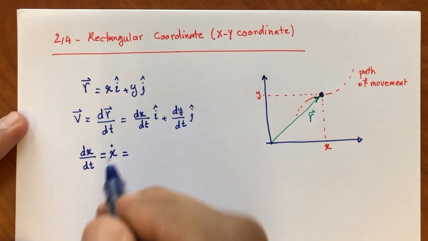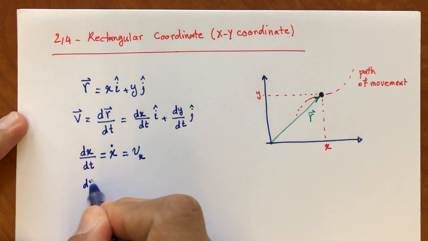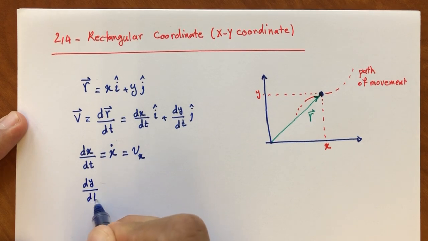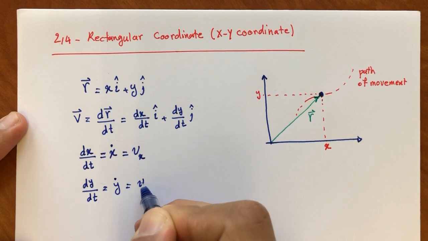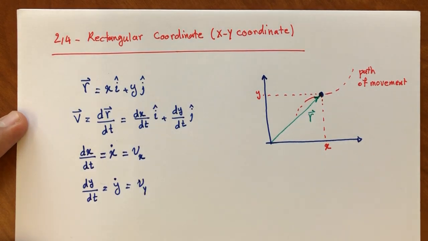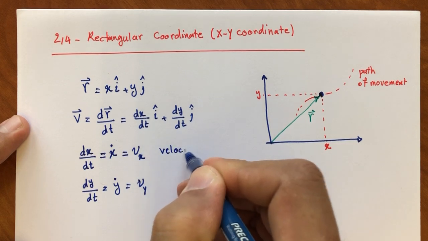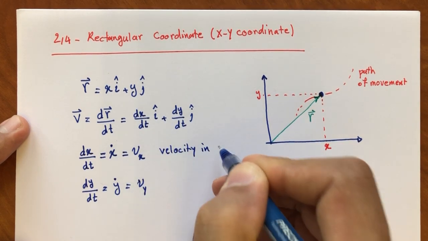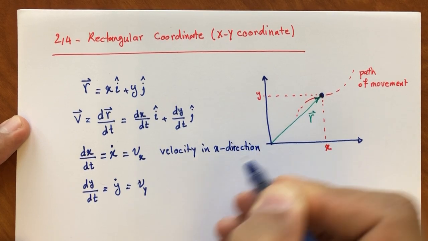And again, this x dot is the velocity in the x direction. And same thing for the y direction. dy dt, we can show it with y dot, or the velocity in the y direction, which I show with v index y. So this is velocity in x direction. And same thing for y.